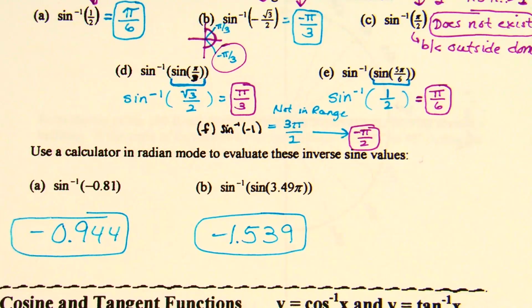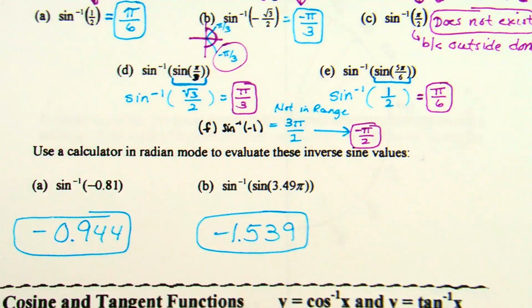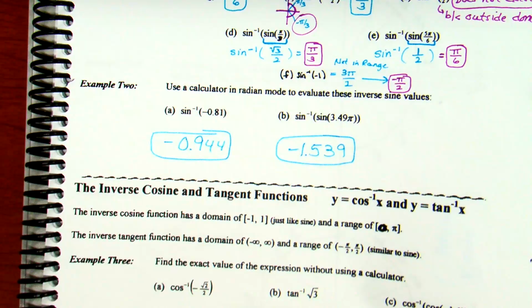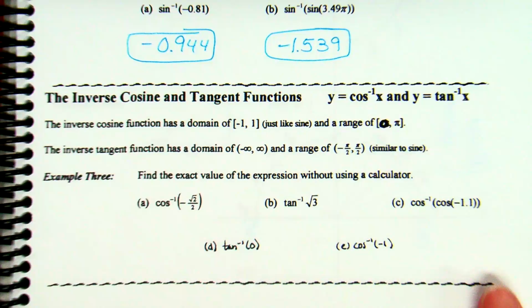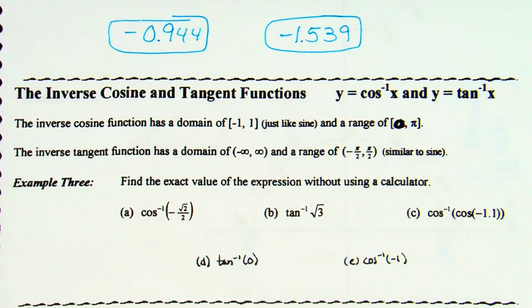Okay. Now, we need to talk about inverse cosine and tangent. Needless to say, these pieces are going to work very similar to what we just experienced with sine inverse. A couple slight differences, though.